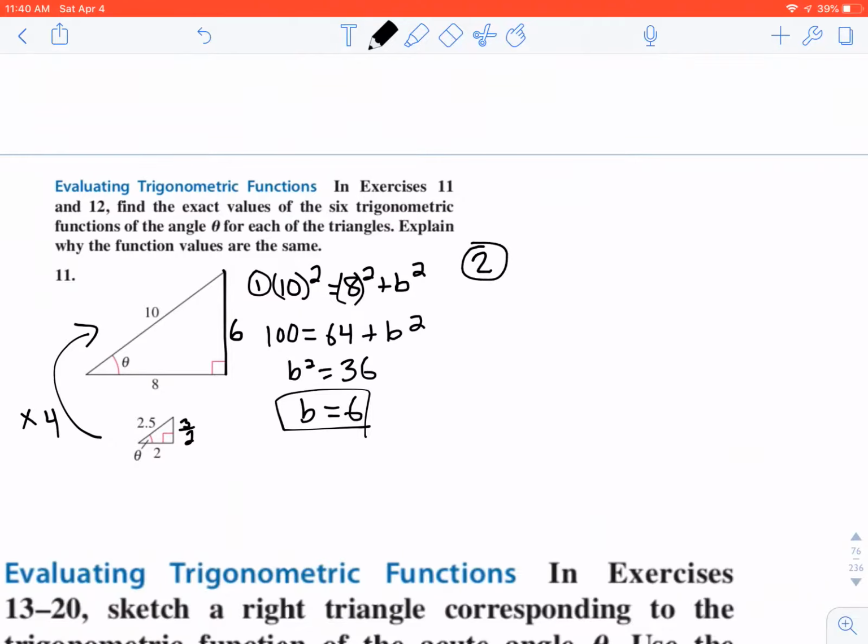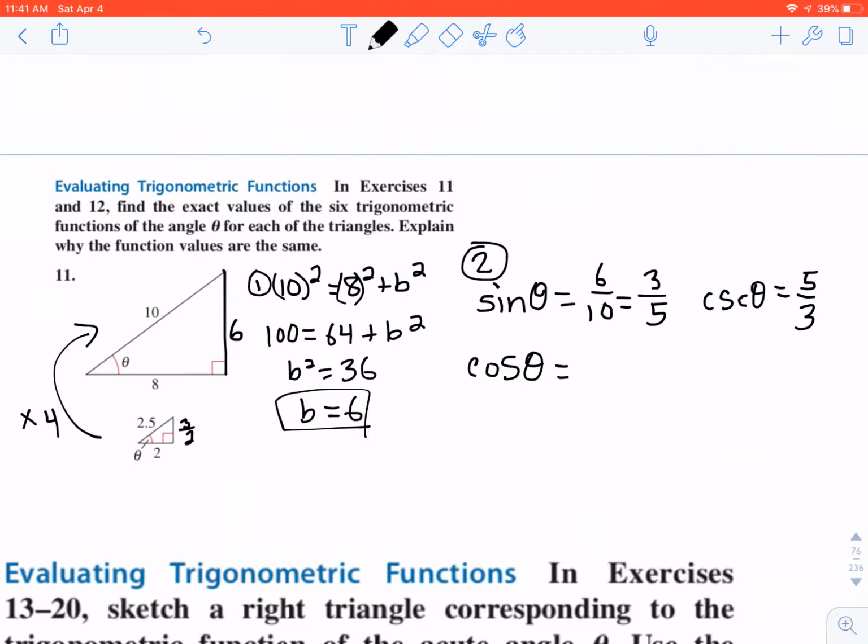All right, so we'll start with our sine again. So for both triangles, the sine theta is 6 over 10, which reduces to 3 over 5. Cosecant theta is the reciprocal. So if we flip that, you end up with 5 over 3. So again, that's for both triangles. Cosine theta is adjacent, which is 8, over hypotenuse, which is 10.